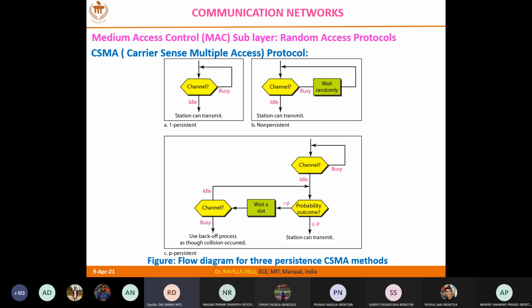Wait a slot, you can see in the flow chart. This number of slots will increase in powers of 2 for every attempt. After waiting that much amount of time, you are going for a second check of the channel status. So now the channel is idle again.